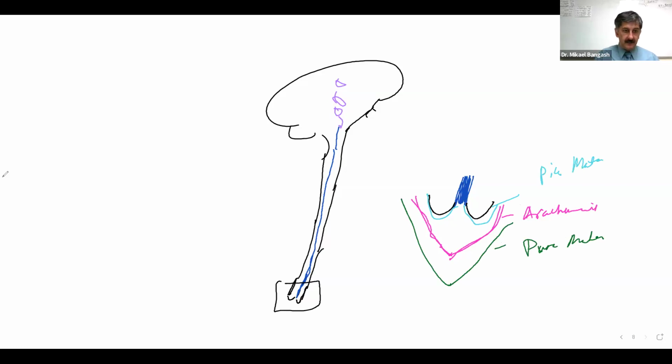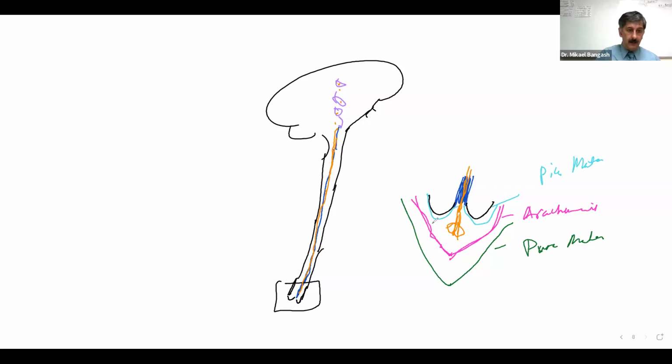Now, what did we just say that the CSF did? Inside the brain, it was formed, traveled down this system of the ventricles, down into the aqueduct or central canal. And where does it end up? In the subarachnoid space.